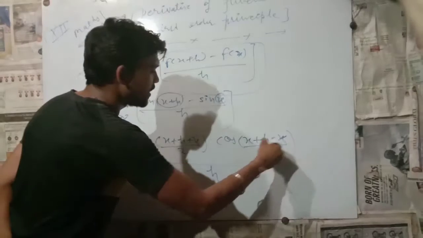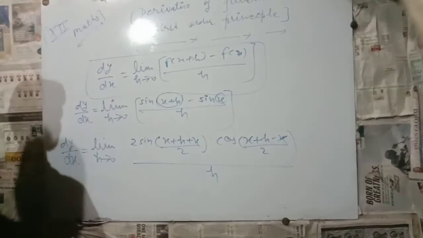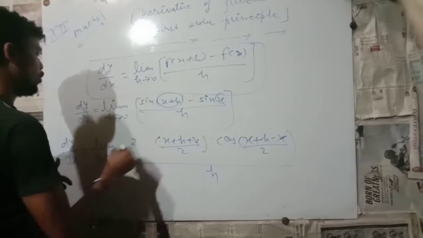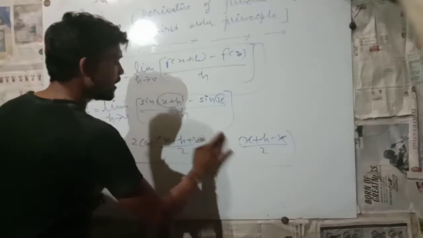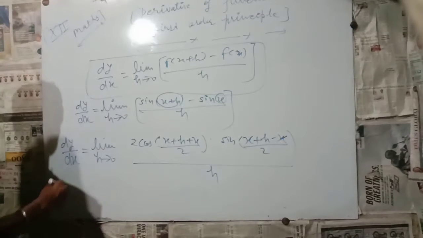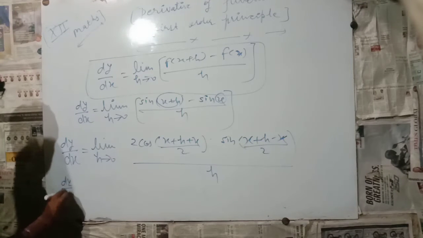Sorry guys, I made a mistake here. It is 2 cos and here sin.